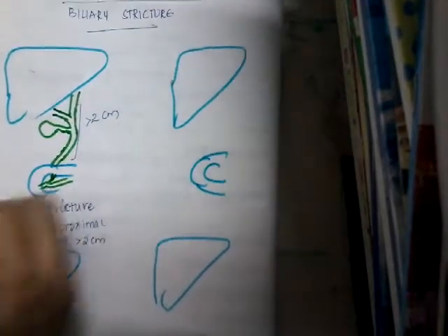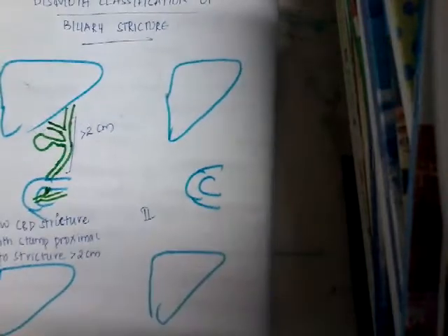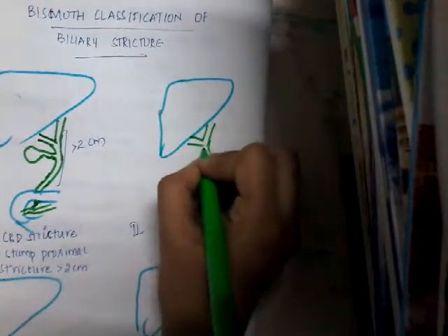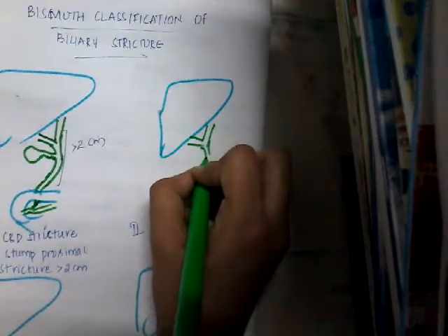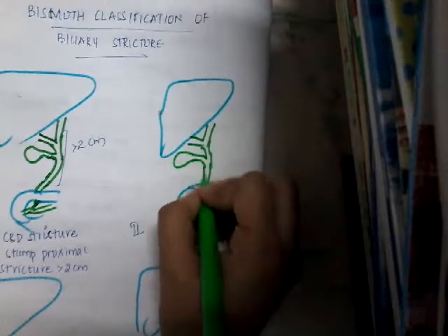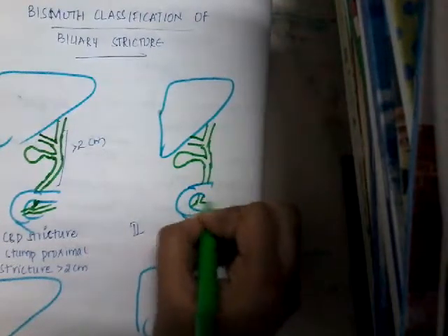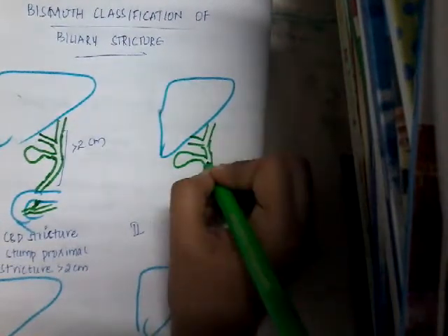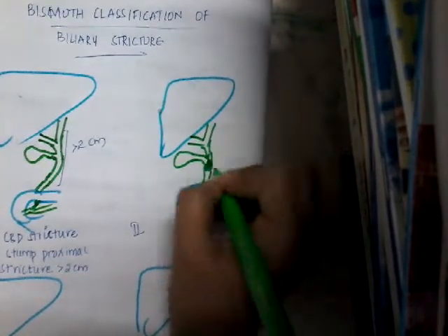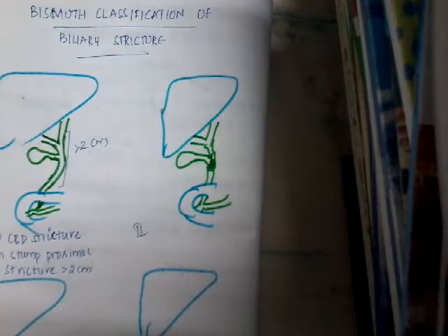That is type 1. In type 2, this is the normal one. The stump proximal to the stricture here is less than 2 centimeters.